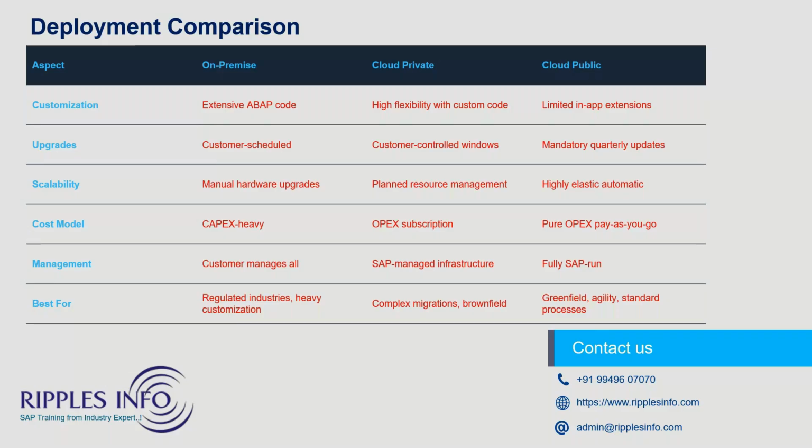On-premise, as everyone knows, is a typical business solution which every customer deploys on their premise, and they can perform any kind of customization activities there. The first aspect is customization: there will be extensive customization options available for the customers.